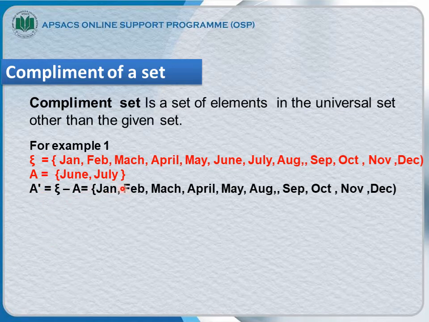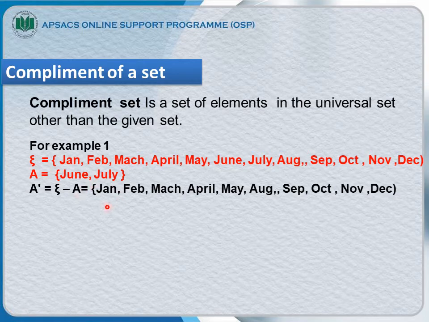The months that are not present in set A. As you can see, in set A we have only 2 months, June and July. And in set A we don't have the other months like January, February, March, April, May, August, September, October, November, December.